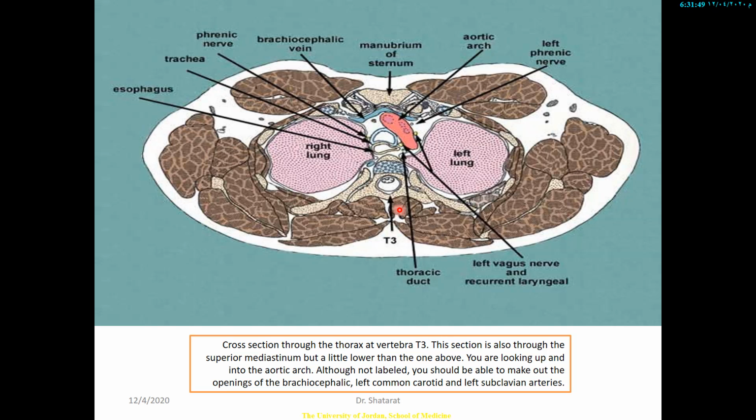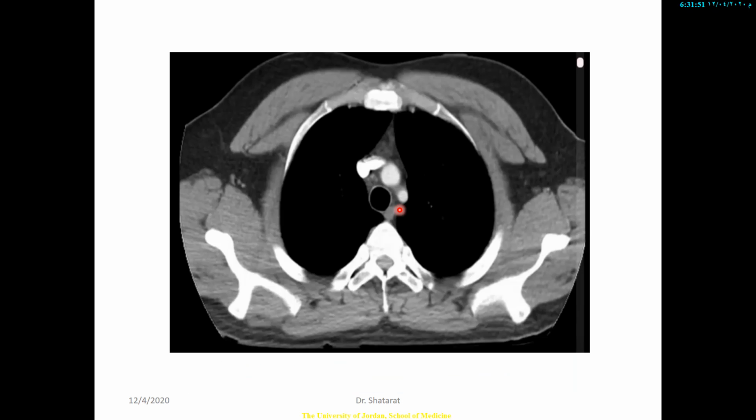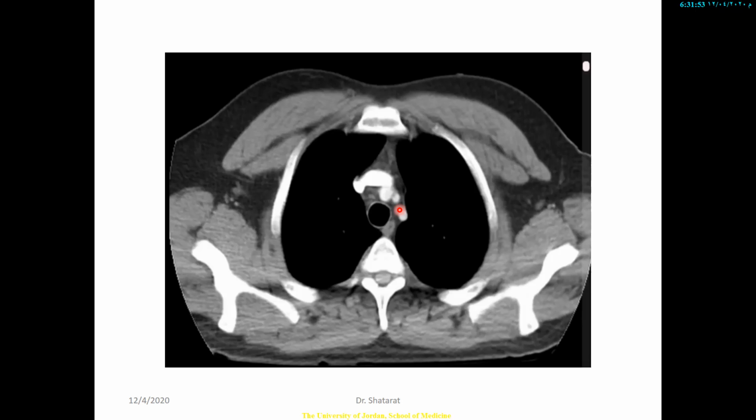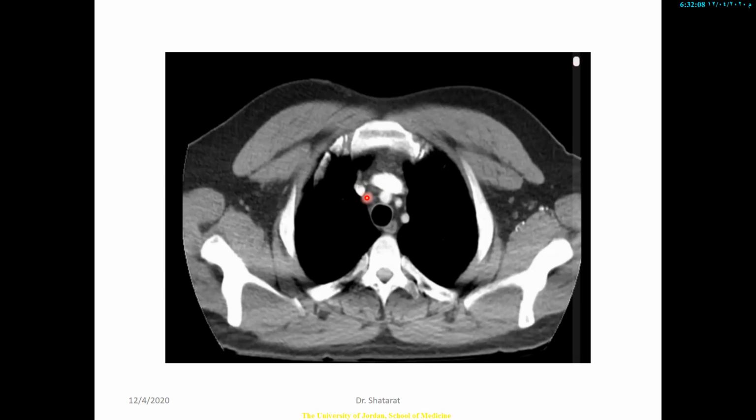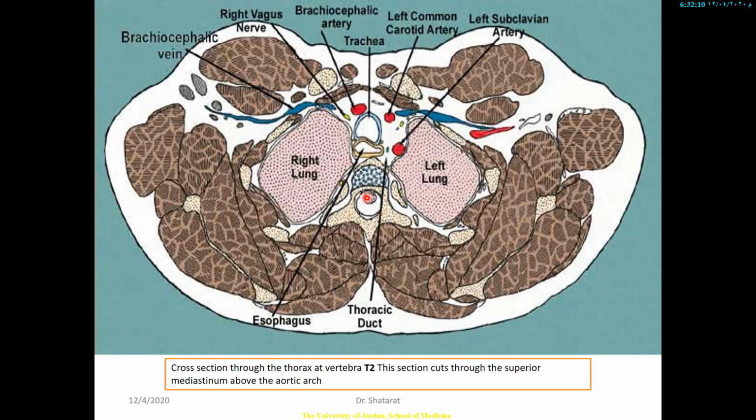Here, I think we discussed this one. We discussed also this one. Here also, obviously, the three branches of the arch of the aorta, and here you have the left one. Here you have the right brachiocephalic veins as well in this image.